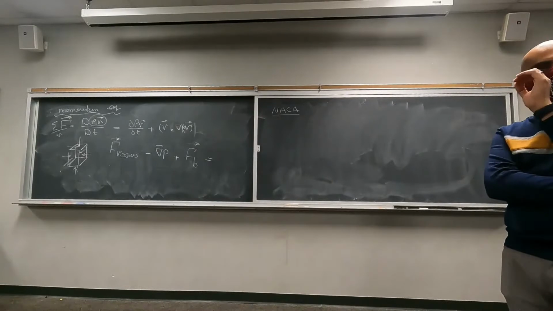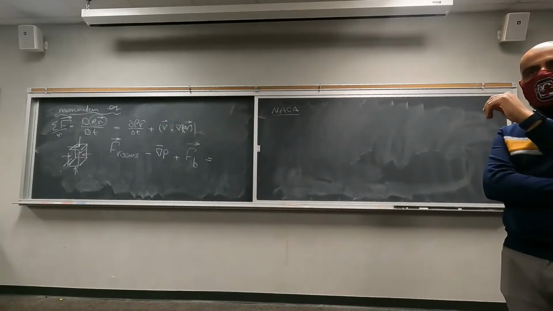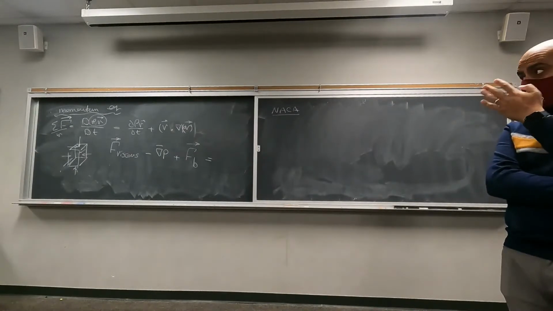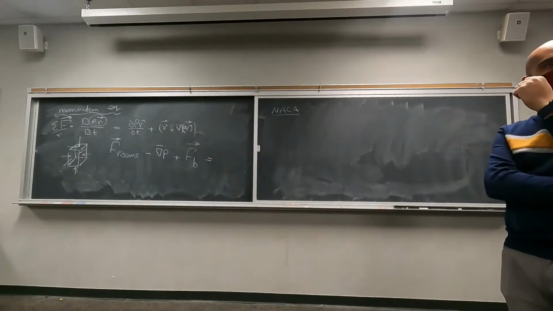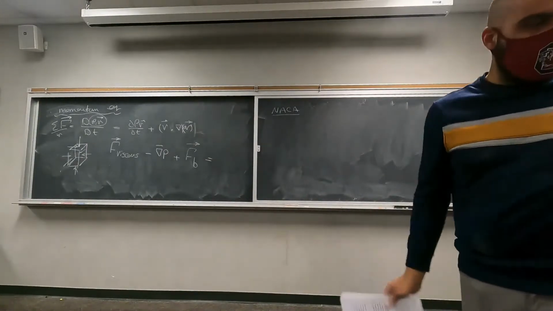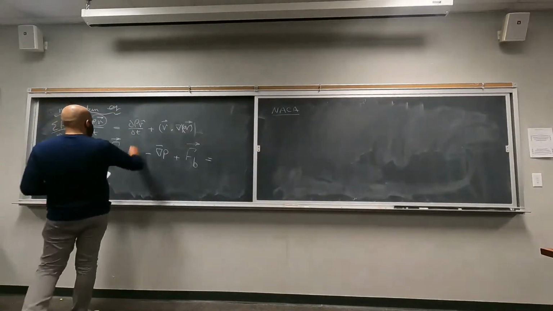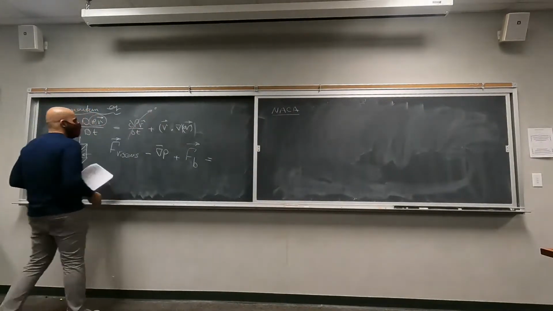They let it become steady. What does it mean? It means that the temporal changes of velocity and temperature are going to be zero. So each point's velocity is going to stay the same. So this part was zero.